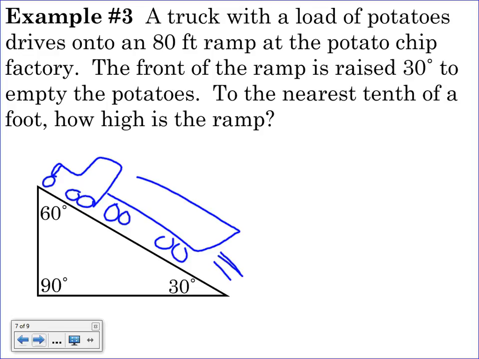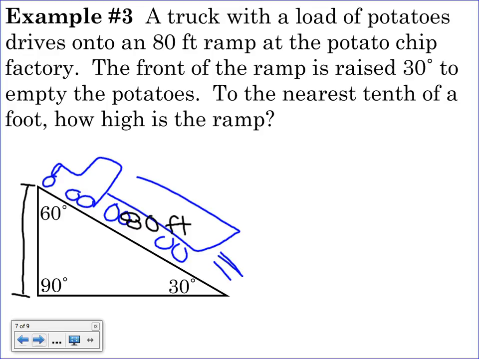Okay, so this tells us that the ramp is 80 feet long. It wants us to find the height of the ramp after we've raised it, so it wants us to find this.